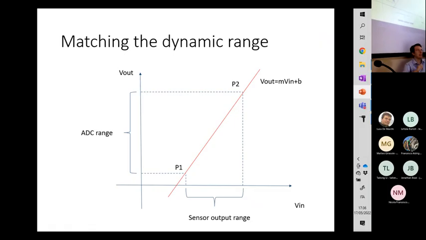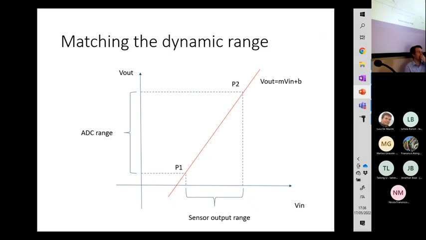As I said, an important task is to match the dynamic range of the sensor with the A to D converter.